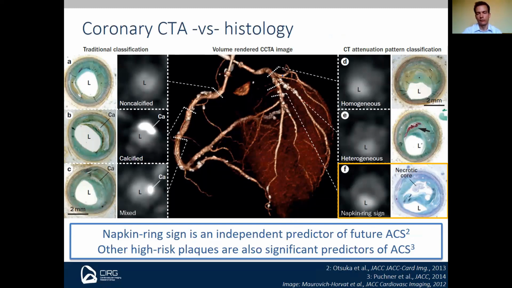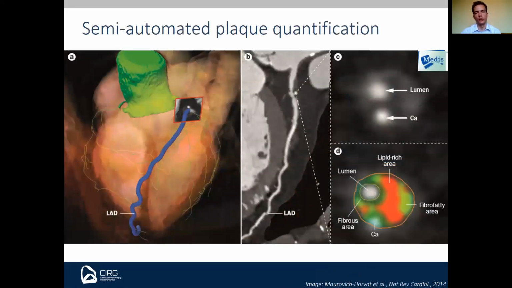CT datasets are vast three-dimensional datasets where we have a lot more information, where we can quantitatively analyze our lesions. So this is basically what QAngio CT does. We get a 3D rendered image where we can select a specific coronary artery, and based on the multiplanar reformats, we can delineate the inner luminal wall and the vessel wall, and basically the voxels between the two will contribute to the coronary plaques.